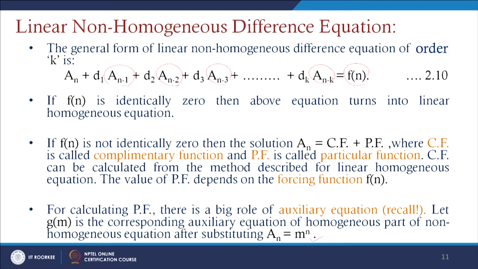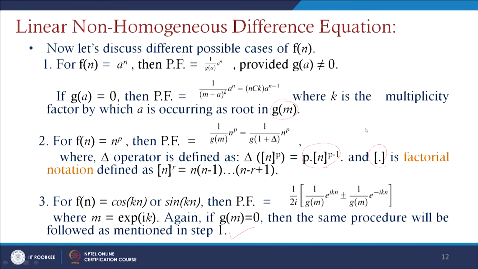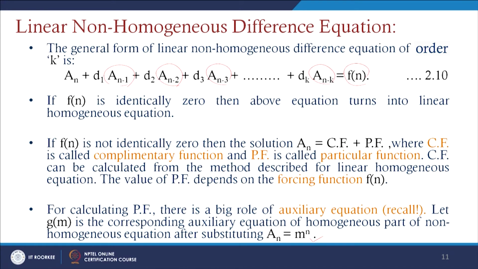When we go for the solution of this difference equation, we have two parts: the complementary function part and the particular function part. To find the complementary function, we put a_n equals m to the power n.